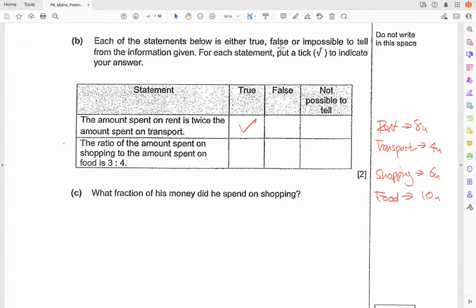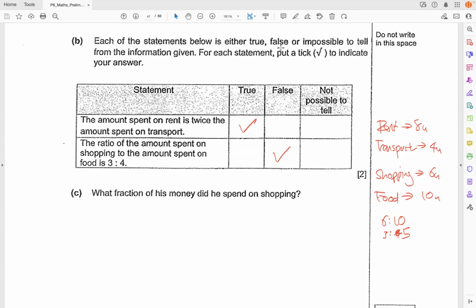So we are talking about 6:10. Simplify, divide by 2, we get 3:5. So the answer is false. Any question? Let's go on to part C.